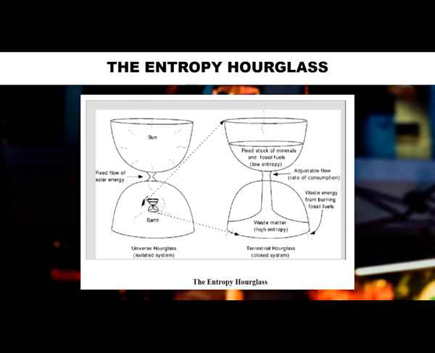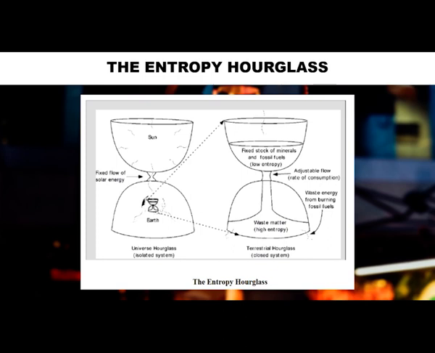Entropy is use-upness. Entropy increases in an isolated system. The right hand side hourglass shows a particular subsystem of the universe wherein the fossil fuels are consumed by human beings to generate useful energy to do work. So unlike the universe hourglass, the right hand side hourglass depicts a closed system.